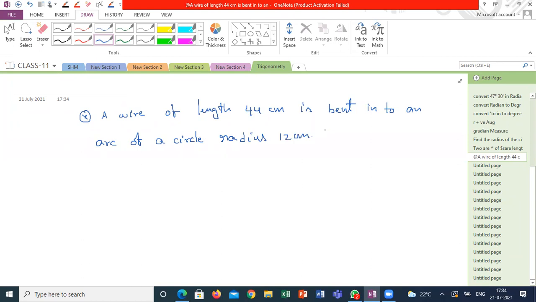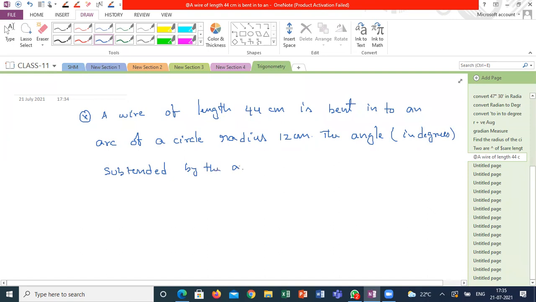Find the angle in degrees subtended by the arc at the center of the circle. Please solve this question.